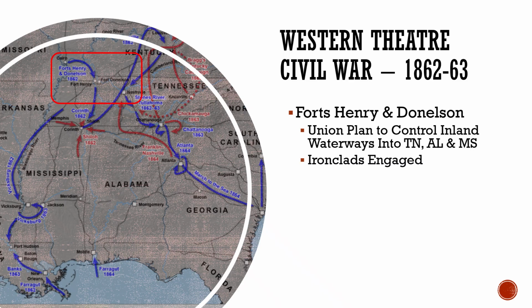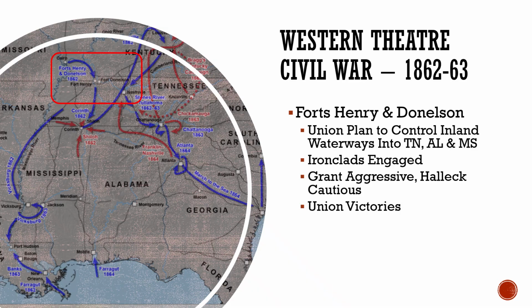There were ironclads as part of these attacks. Grant was very aggressive, whereas his boss, Halleck, was much more cautious. Again, they were Union victories. Grant does gain notoriety. He becomes a very common name. These are wins early in the Civil War when there were not very many wins happening on the Eastern Front.